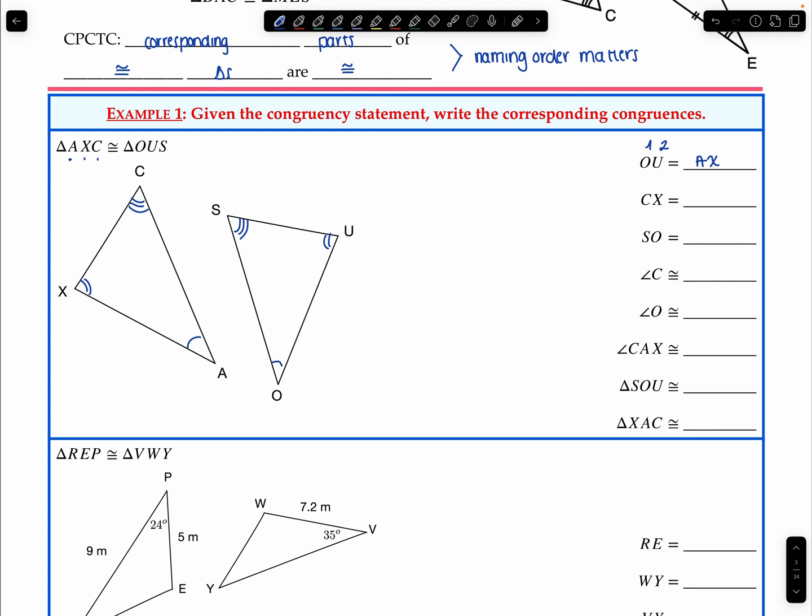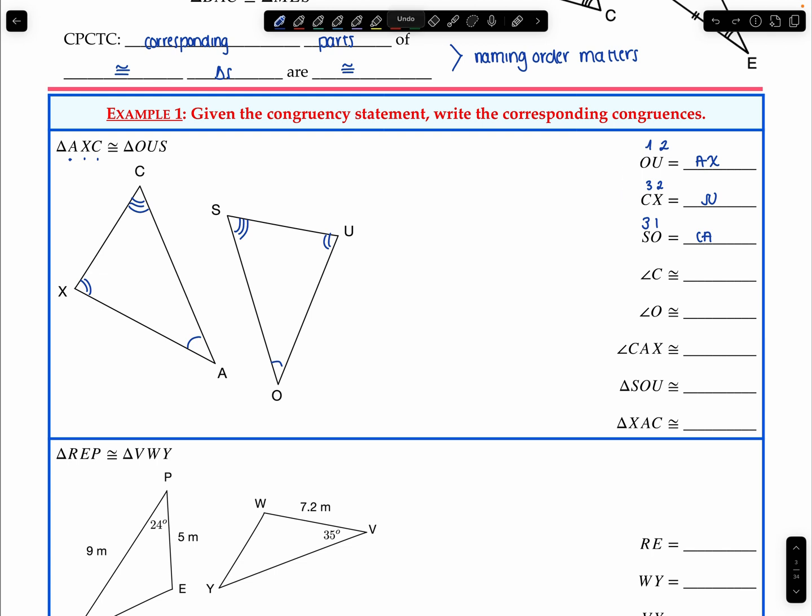CX is the 3 and 2 wedge, and so that corresponds to SU. SO has the 3 and 1 wedge, and so 3 and 1 is CA. And I want to note first that for these three, the order actually doesn't exactly matter.